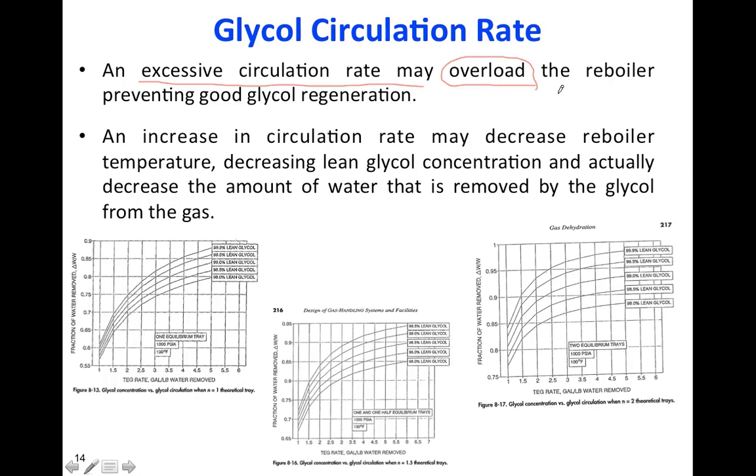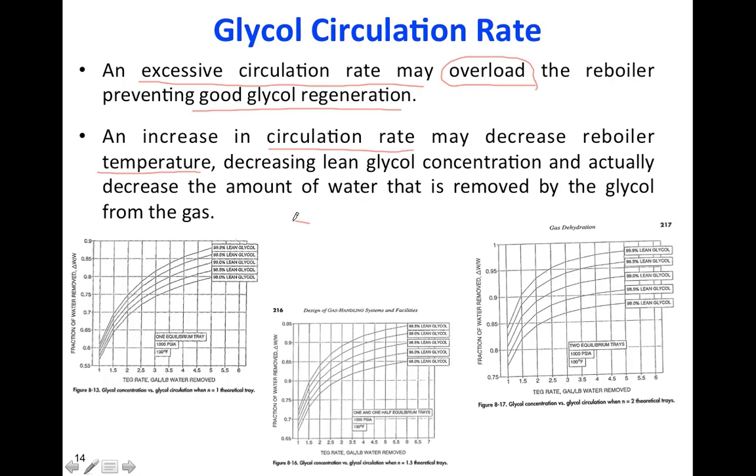When we overload the reboiler, the glycol regeneration will be less efficient. And also, if we increase the circulation rate, we will send more glycol to the reboiler, and we can decrease the reboiler temperature.